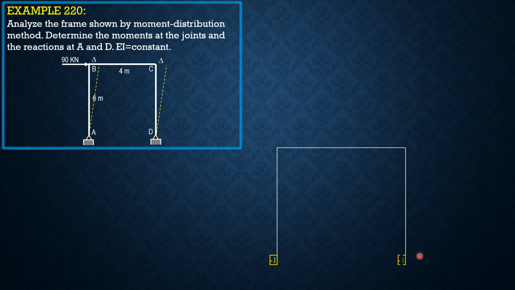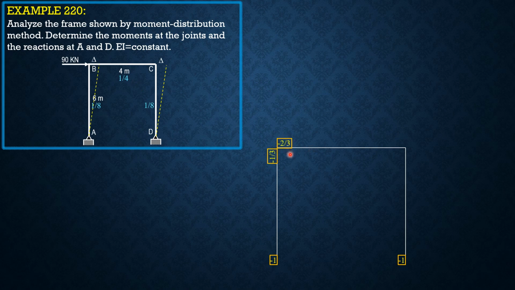Here also is -1. So the relative stiffness of AB or BA is 3/4 of 1/6. So that's 1/8. This is 1/4. And again, this is 3/4 of 1/6, so 1/8. Therefore, the distribution factor here for BA is -1/8 divided by 1/8 plus 1/4, and that is -1/3.